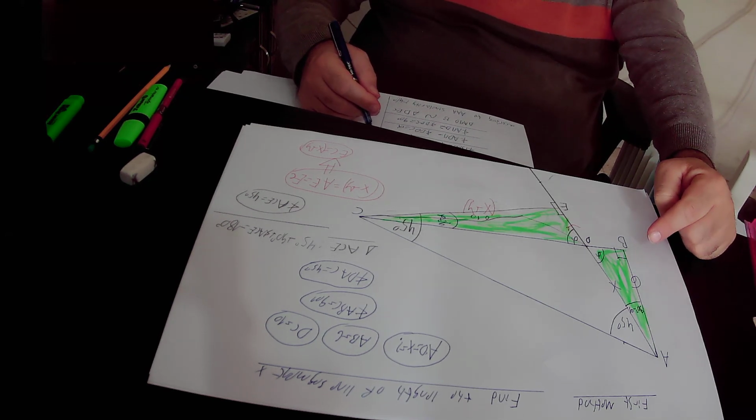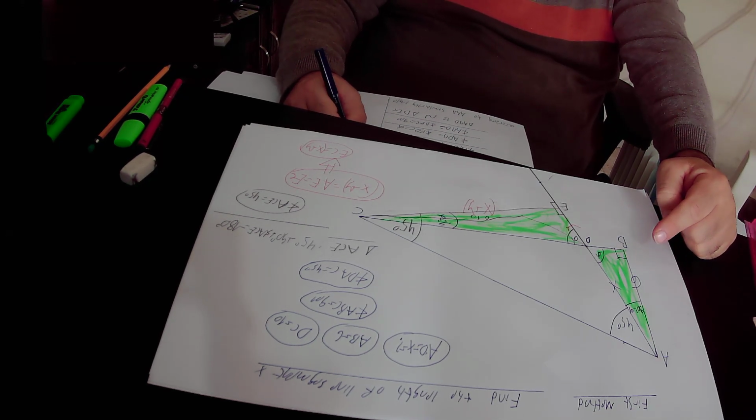AB is equal to 6 units, so we substitute AB by 6.